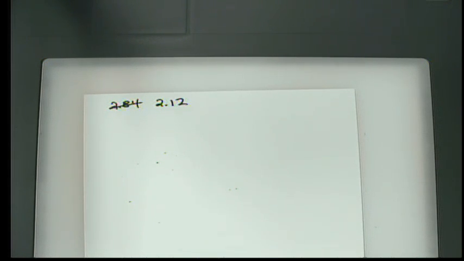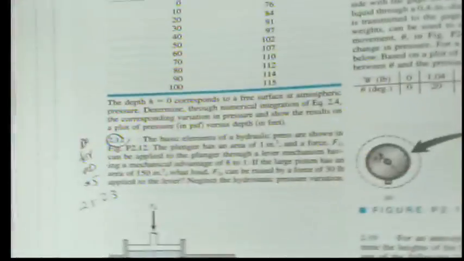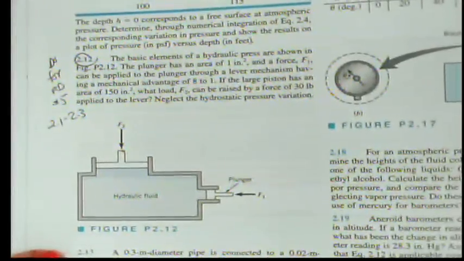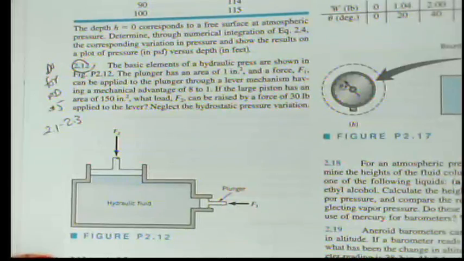So if you look in the back of your text, or at the end of chapter 2 in your textbook, it's an interesting problem, and there are some really interesting real-world applications for problem 2.12. Basically what we have is a hydraulic press. A hydraulic press is something that is used in a million different types of applications.